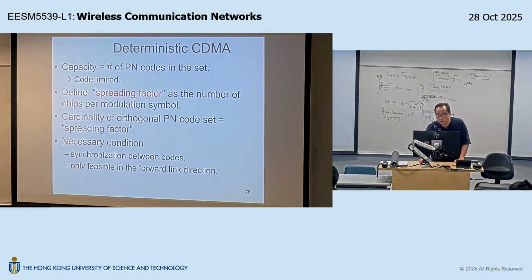Zero cross correlation is a very strict requirement, so you cannot find plenty of these. The number of codes you can find is just given by the spreading factor. So if you chop a symbol into 64 pieces, you can at most find 64 such orthogonal spreading sequences. And that means at best you can only support 64 users.